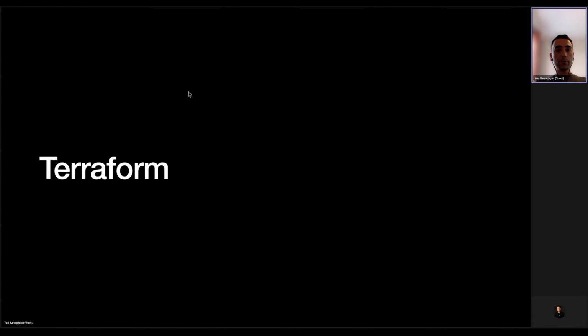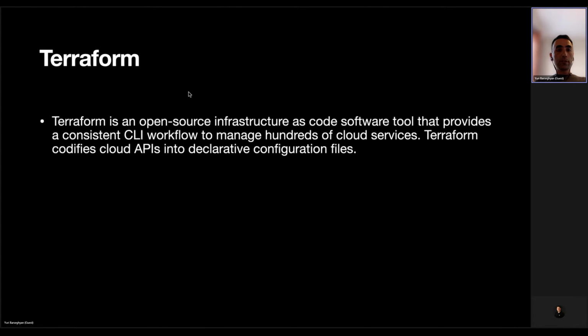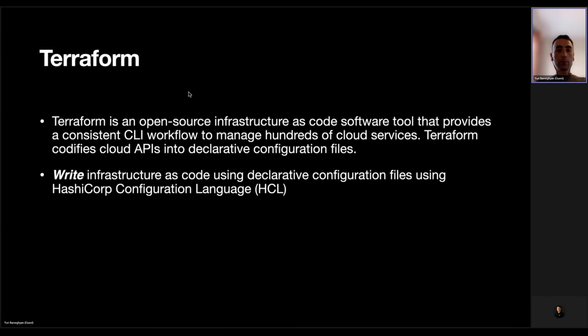Terraform is the first one. So what is Terraform? It's an open source infrastructure as code software tool that provides a consistent CLI workflow to manage hundreds of cloud services. Terraform codifies those cloud APIs into declarative configuration files. You write your infrastructure as a declarative configuration using HCL, the language of HashiCorp.